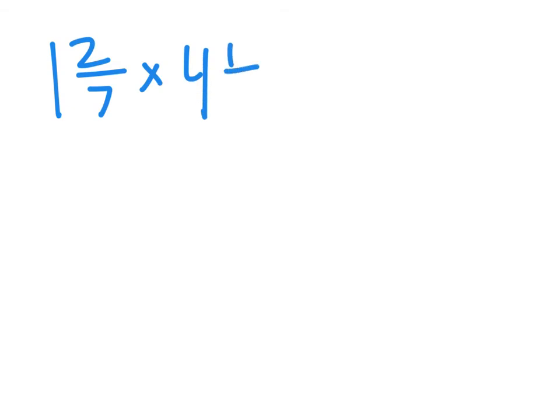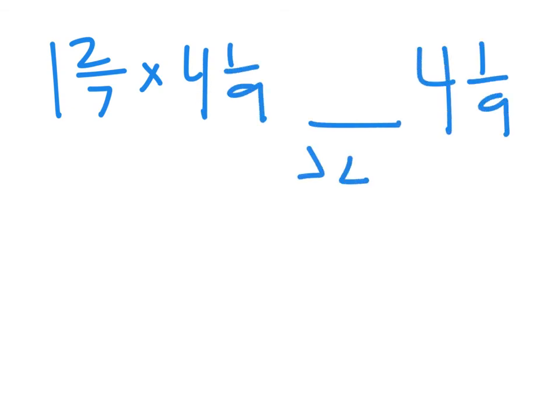Now we're going to try some problems without having the rules listed in front of us. This is really going to challenge you to use your reasoning skills. If I had 1 and 2/7 times 4 and 1/9, and I want to know, is that greater than, less than, or equal to 4 and 1/9? Again, 4 and 1/9 is my constant, so you want to look at the number that's different.